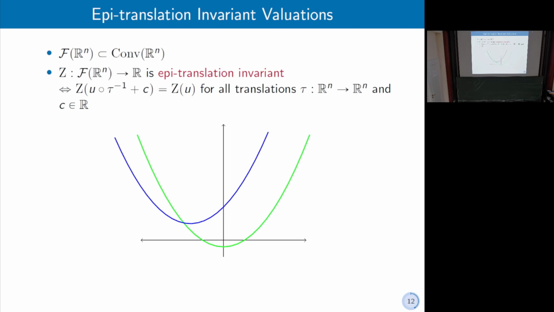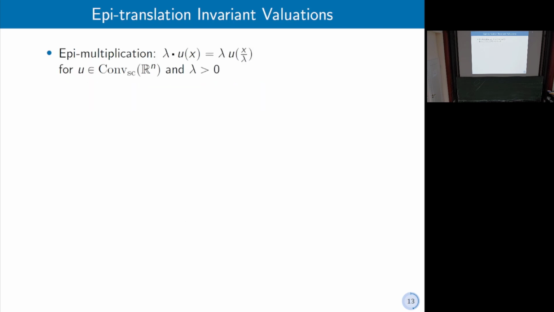So if I take the epigraph of a function and translate it, then I want that my functional doesn't change. This is a strong assumption, but it makes it possible to build a theory that is similar to what we have for convex bodies.